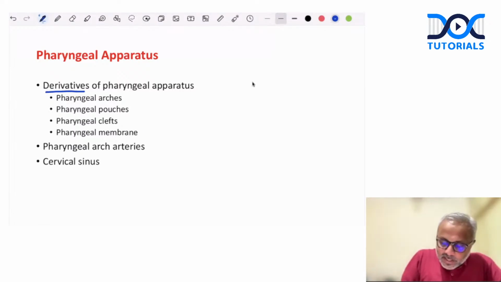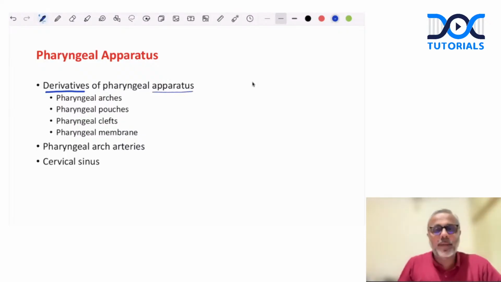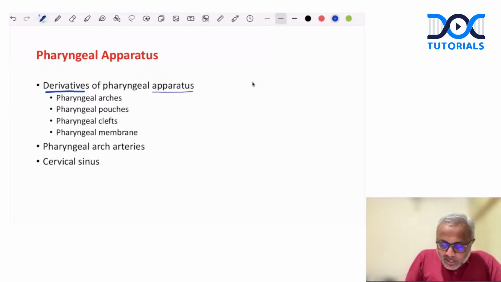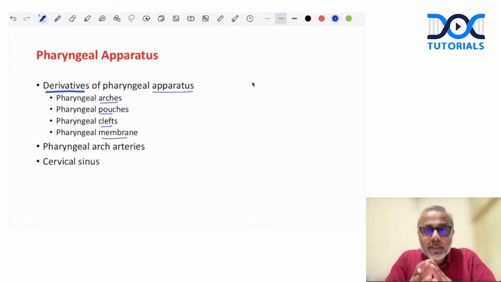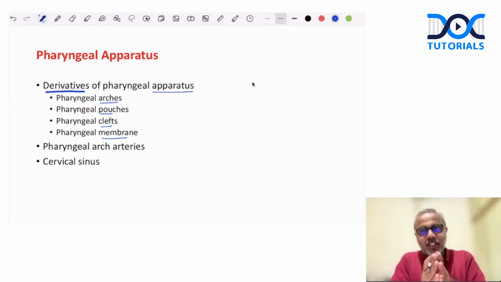First is the term pharyngeal apparatus, then the terms arches, pouches, clefts, and membrane. Remember, pharyngeal apparatus is a collective term which includes everything: arches, pouches, clefts, and membrane.